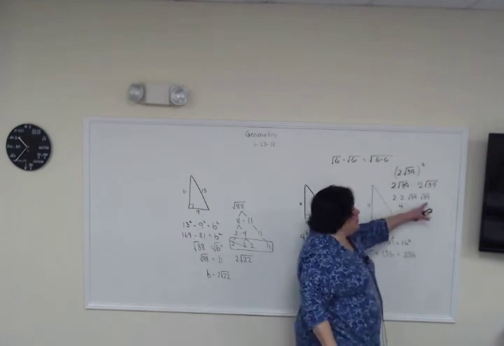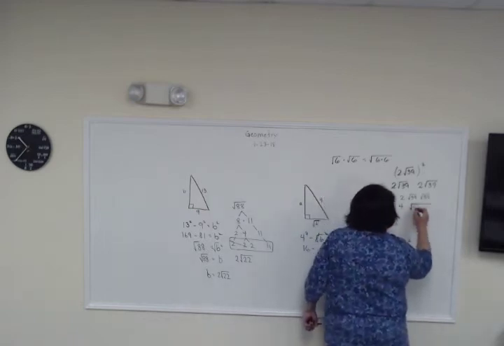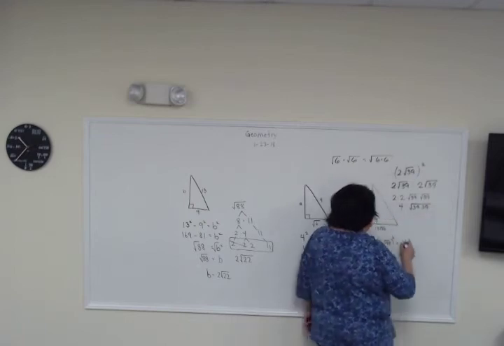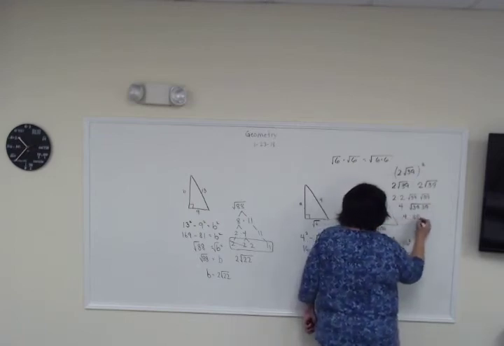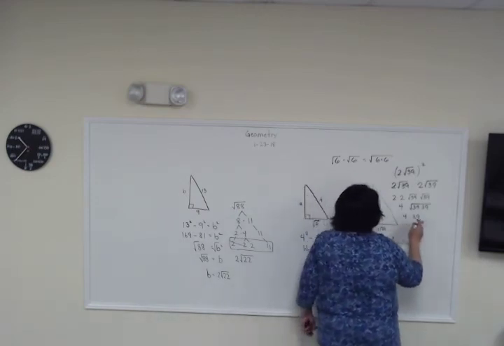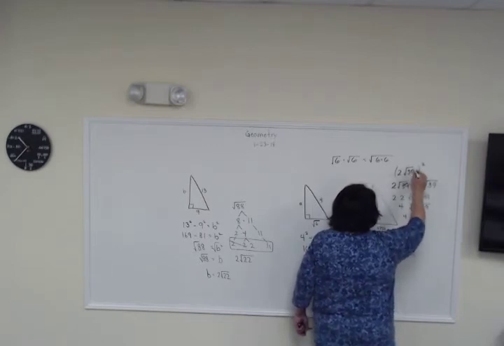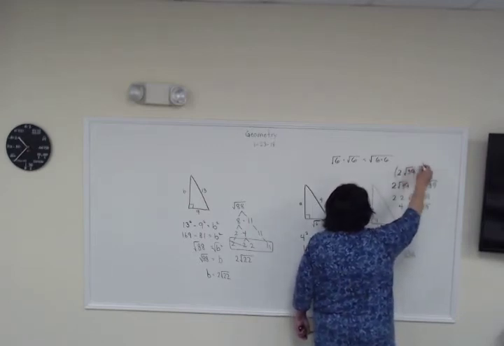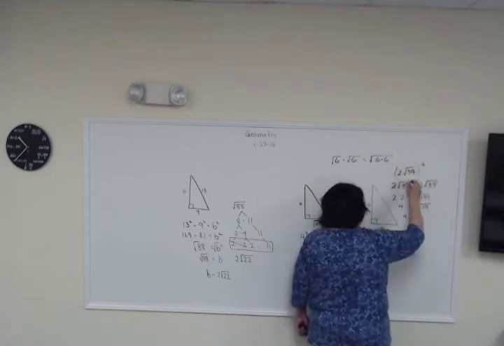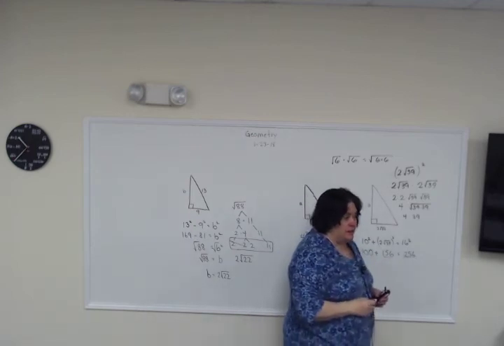And the square root of 39 times the square root of 39 is just 39, right? So when you get to this, it's just 2 squared and the square root of 39 squared. 2 squared is 4. The square root of 39 squared is 39. Does that make sense?